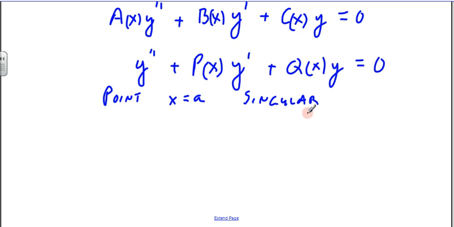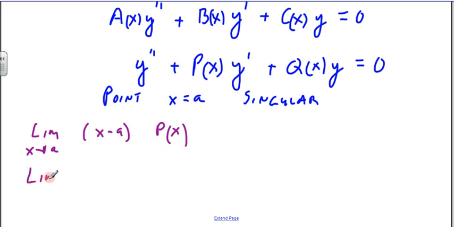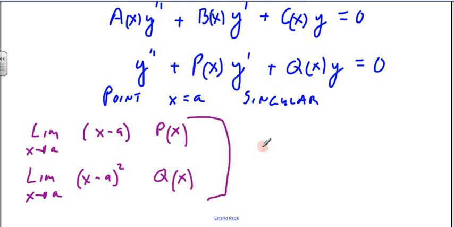And that's the issue. So we look at the limit as x approaches a of (x minus a) times p(x), and we look at the limit as x approaches a of (x minus a) squared times q(x), and so we look at both of those limits.